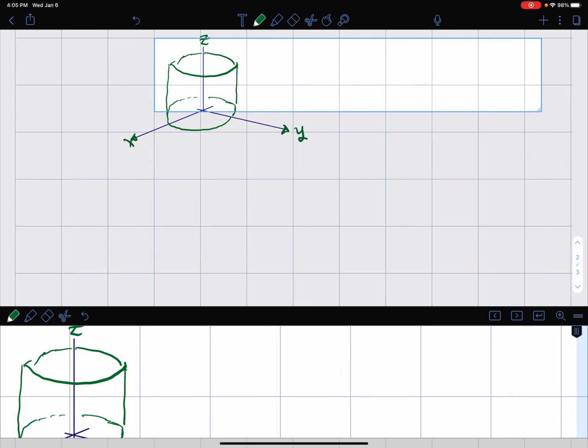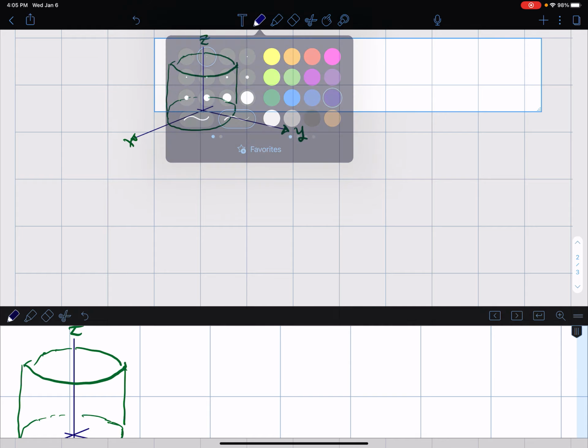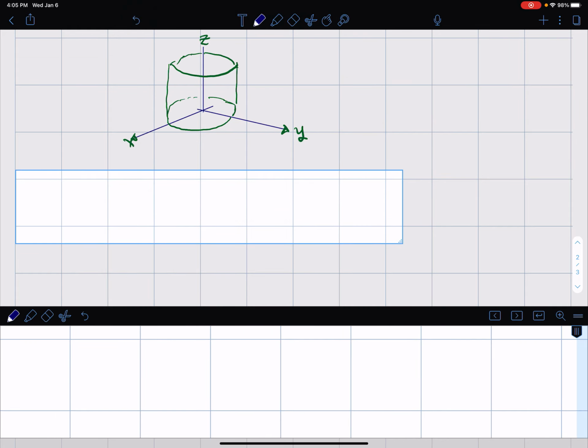Another thing I want us to talk about is quadric surfaces. I'm just going to briefly introduce it, and we'll talk about it more in class.